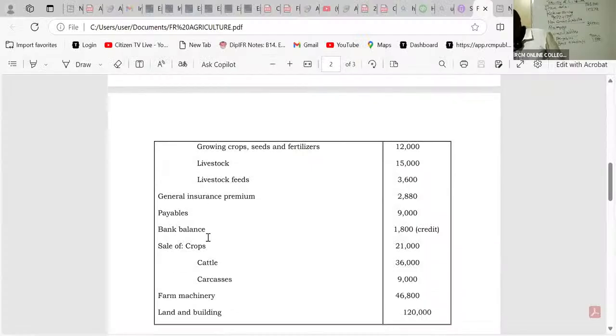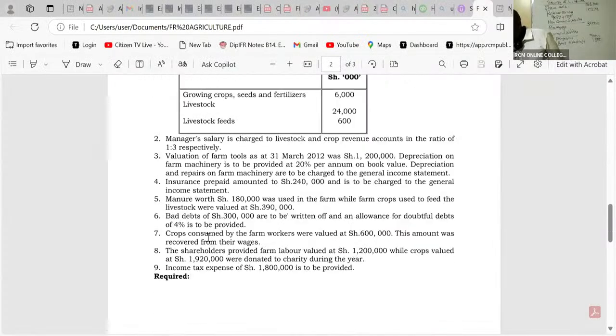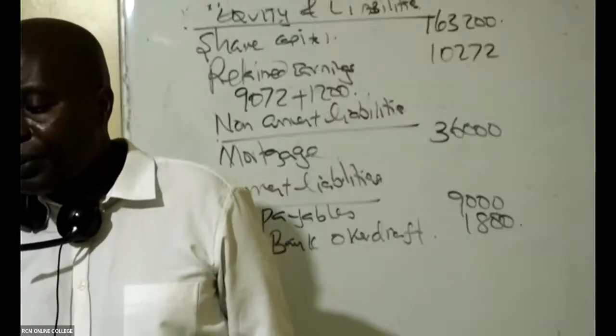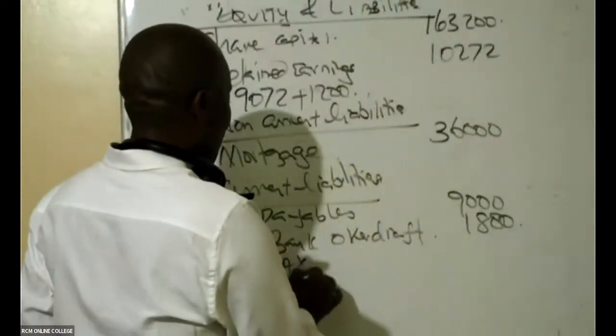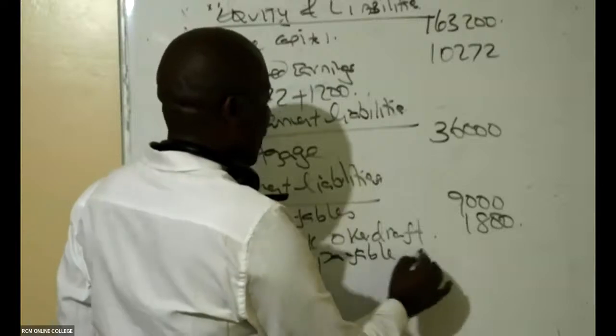We have tax payable. Income tax expense is 1,800, and it is to be provided. It has not been paid. Normally we compute tax at the end of the year, and then we pay the following year. So it's tax payable.